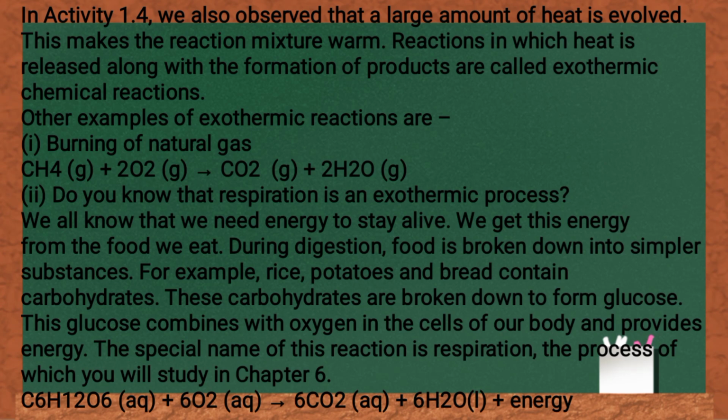So the food which you eat and the air which you respire combine together in the cells of your body, and that will give energy for your body. So this is the process of respiration. These two are examples of exothermic reactions.